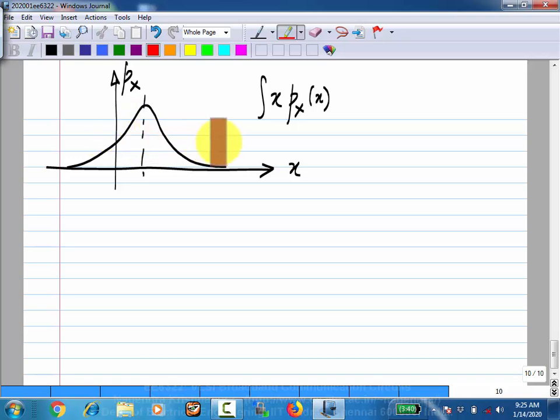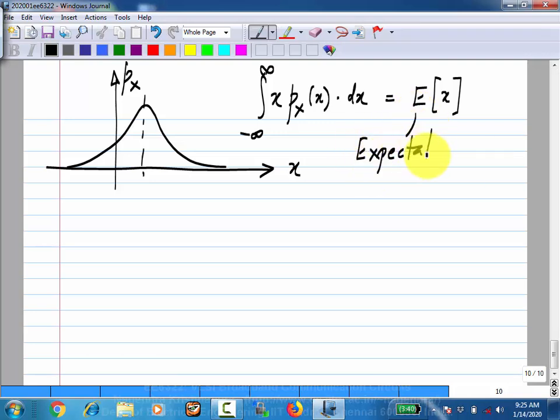You want to see what the average value is, so you weight it by the probability density function and integrate it. This is denoted by E, which stands for expectation. But from this definition itself, you know that this is basically the mean value, right? This is the mean. And again, for a stationary process, the mean will be the same at every instant of time.